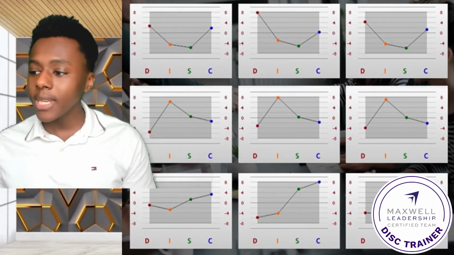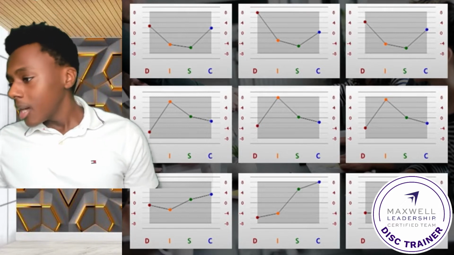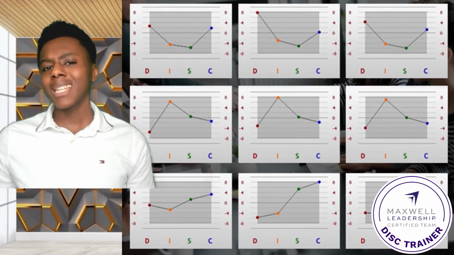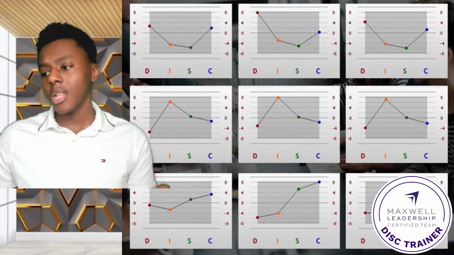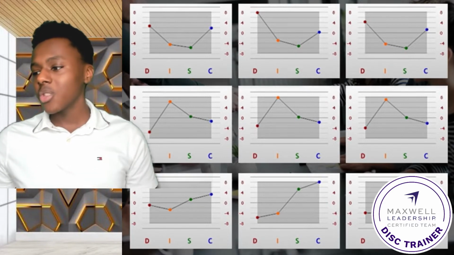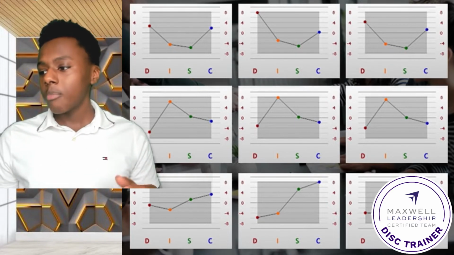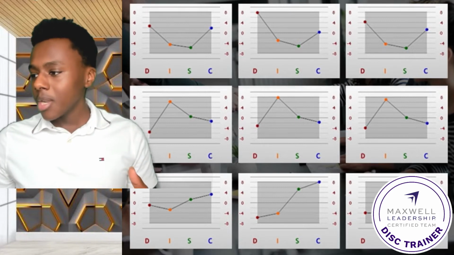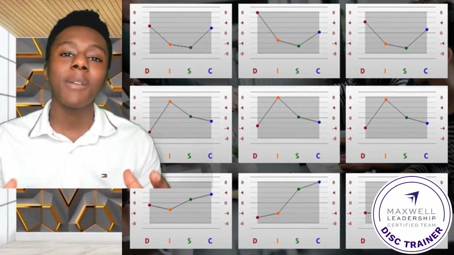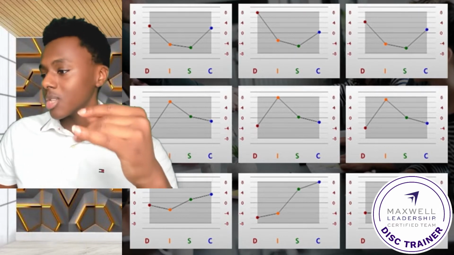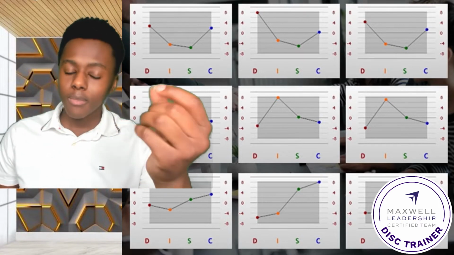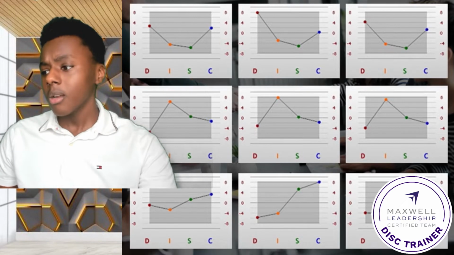They have a high D again and a high C, so their personality doesn't really change under stress. They're pretty consistent. And then their public self, or rather their self-perception, is pretty much the same. They still see themselves as a high D and C, so they know very well what they are.